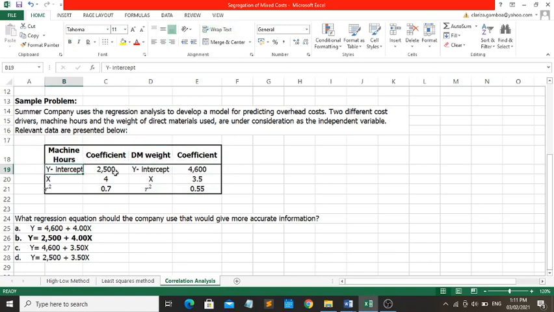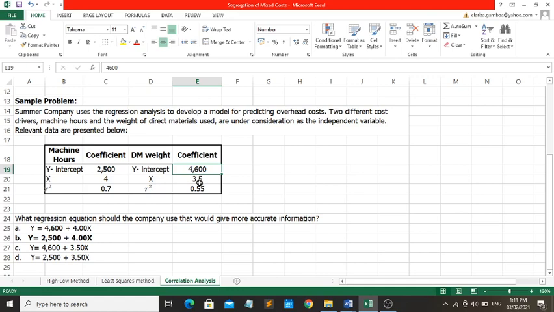So, based dito, sa machine hours at saka sa direct materials weight, pwede tayo makapag-formulate ng cost function. Ngayon, ang tinatanong, saan kaya dyan ang mas accurate yung magiging information kung yun yung ginamit natin? Machine hours ba or itong direct materials weight? So, sa machine hours, meron daw tayong y-intercept na 2,500. And meron tayong x na 4. Meron tayong r squared, which is the coefficient of determination, 0.7 or 70%. Then, sa direct materials weight, we have y-intercept.